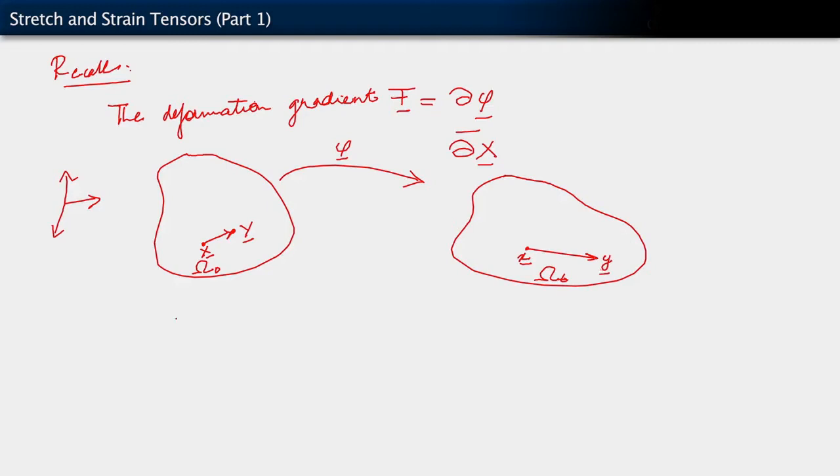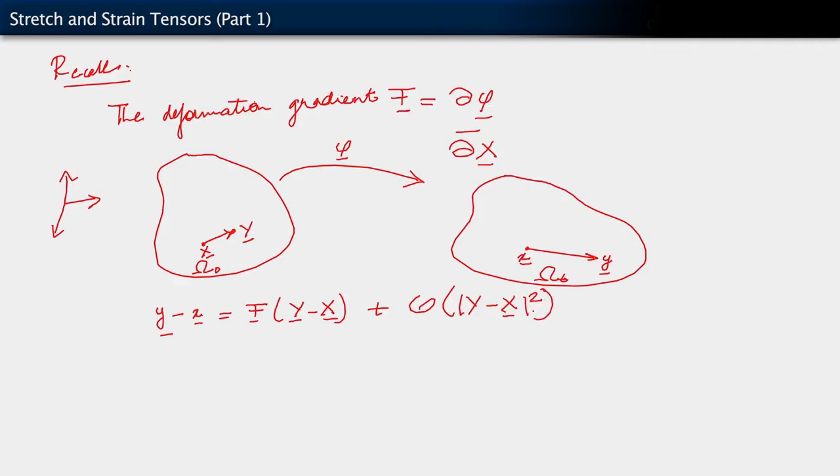And we saw that y minus x equals F acting on capital Y minus capital X, the reference positions, plus other terms that are of order the Euclidean norm of Y minus X squared.